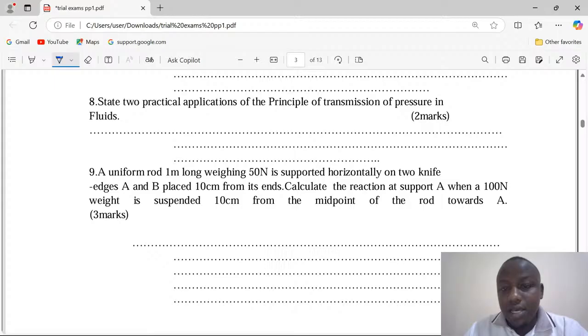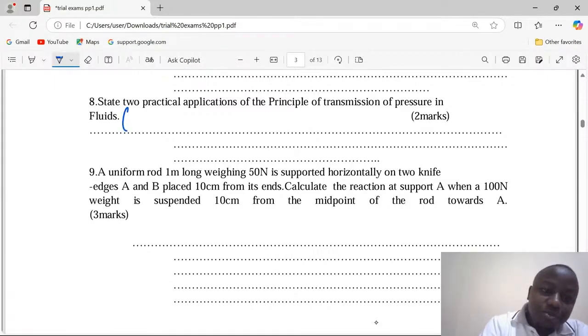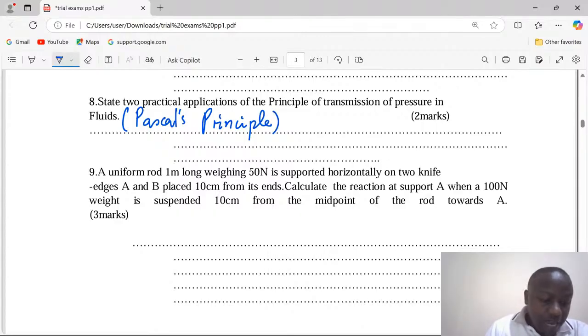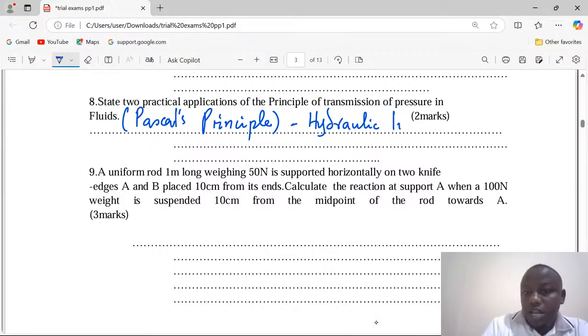We call it Pascal's principle. It's good for people to know an alternative name. There are some machinery which work under this principle. One is the hydraulic lift and also the hydraulic press.